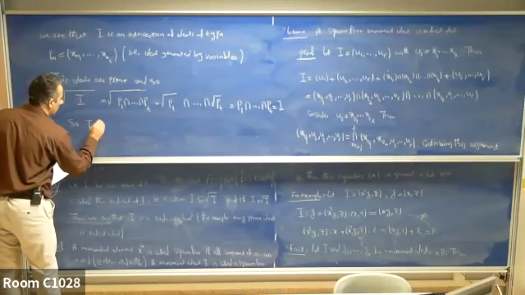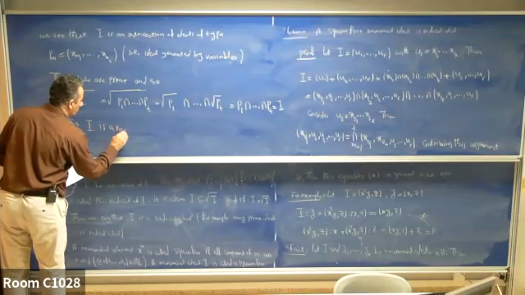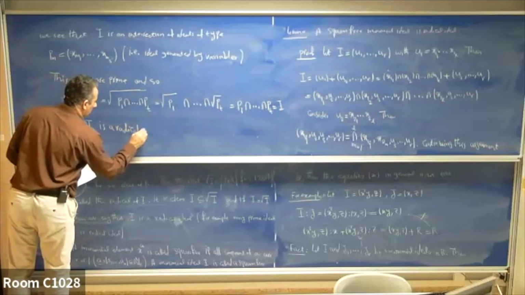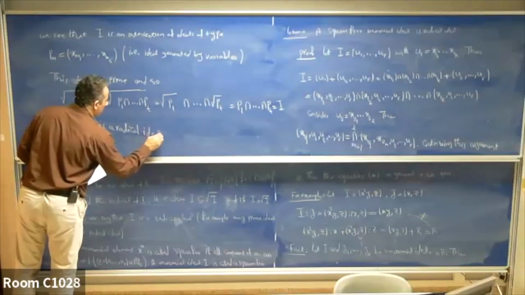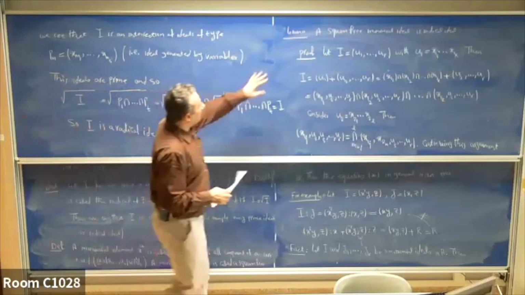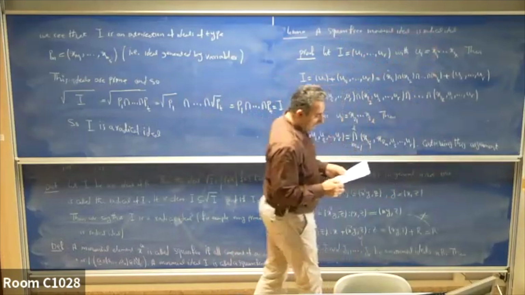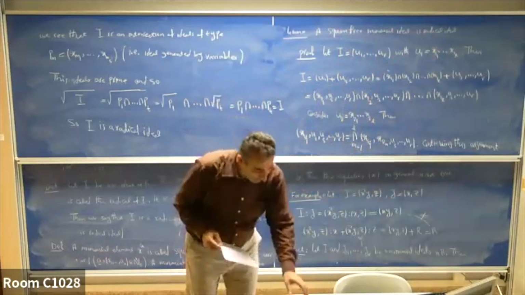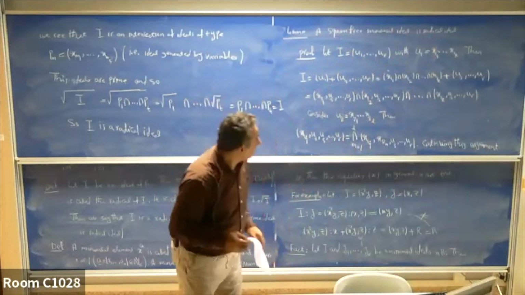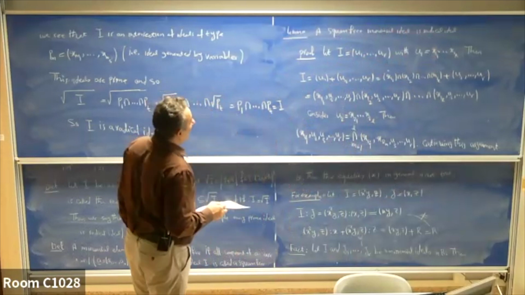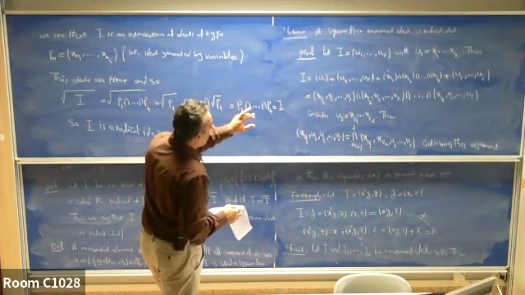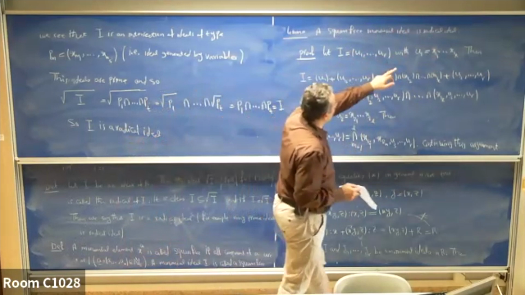This is very nice. Every square free monomial ideal is a radical ideal. And the converse of this is true.